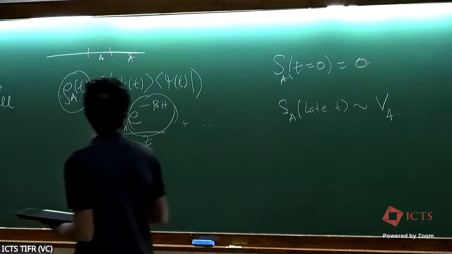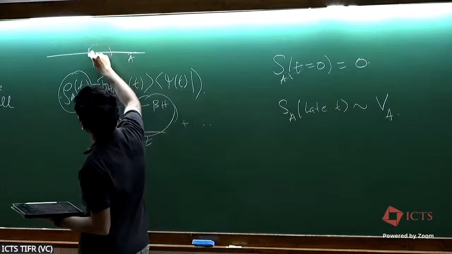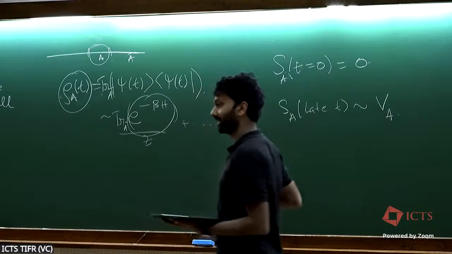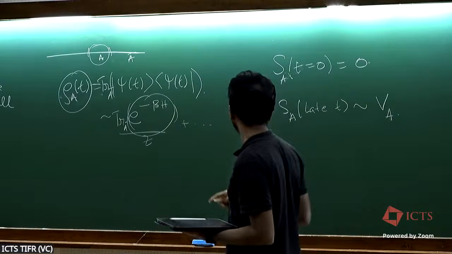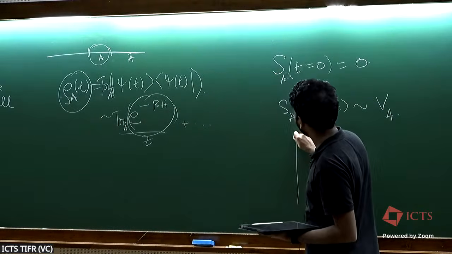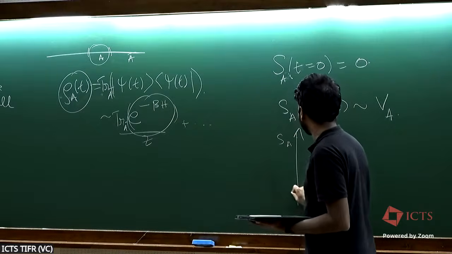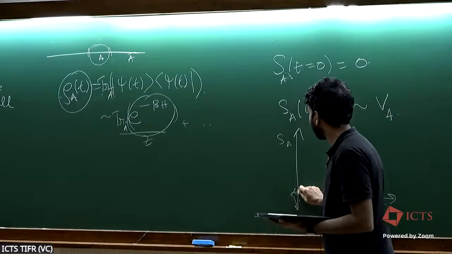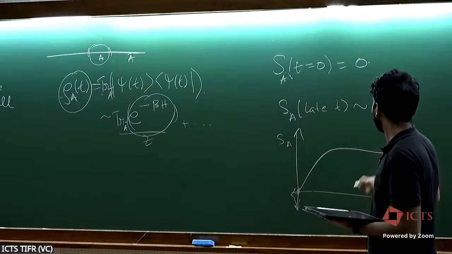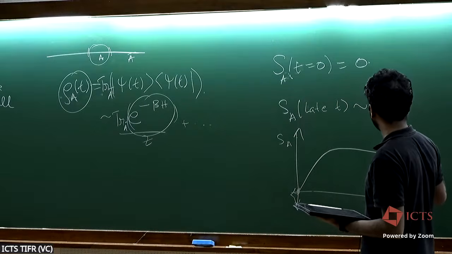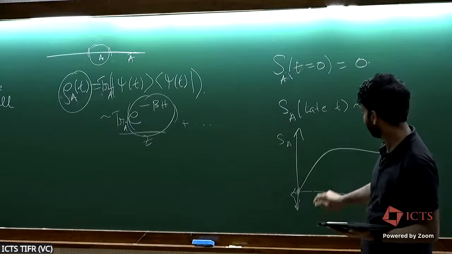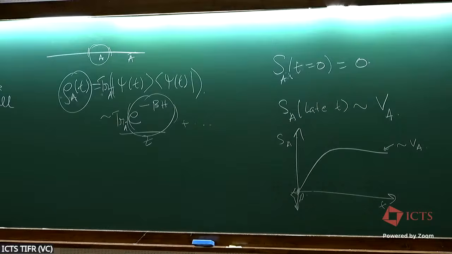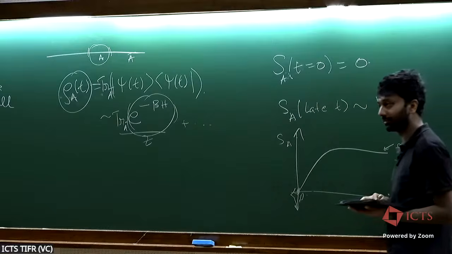So for concreteness, let me just take the subsystem to be small while taking the full system to be large. And if I plot this entanglement as a function of time, there is some growth here, and then this saturates to something that is proportional to the volume of the subsystem. So this is just some phenomenology of systems that thermalize.